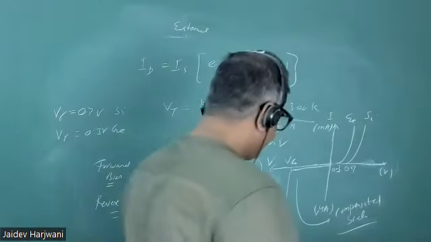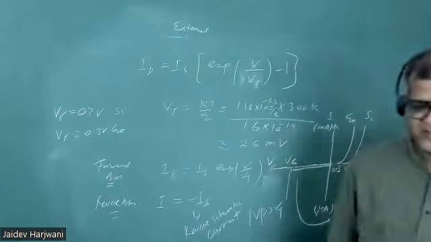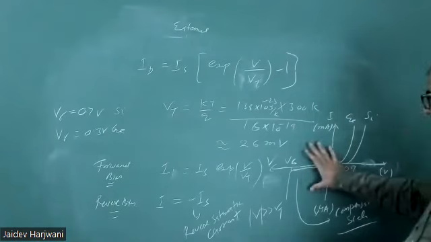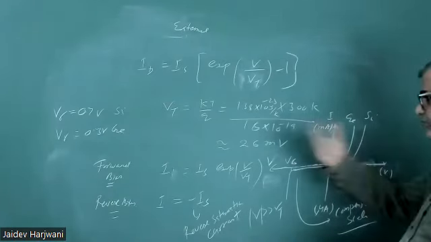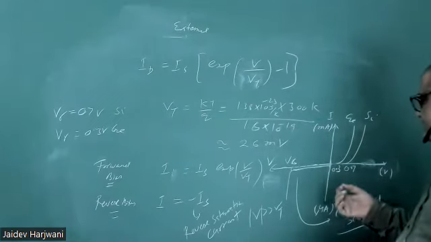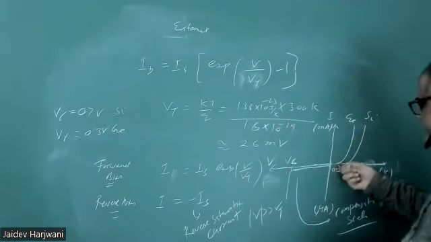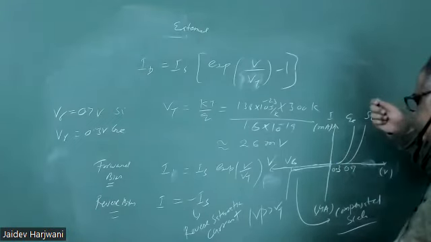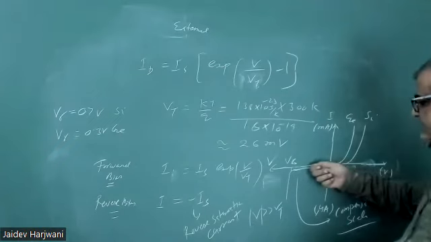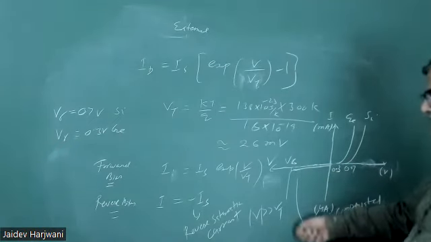So this is my IV characteristics, and in order to deal with a diode, I need this IV characteristics. You have to remember one thing: when the diode is forward biased, it gives you exponentially increasing current, and when it is reverse biased, it gives you negligible or zero current.